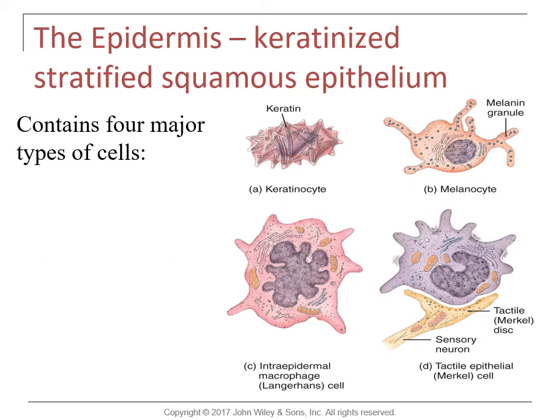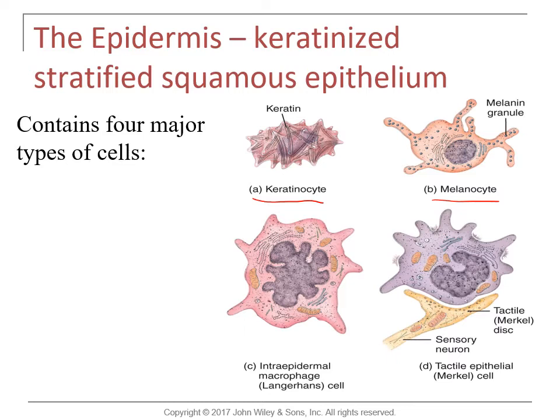So here in this figure, we can see the four major types of cells of the epidermis. Like we said, these are the keratinocytes. They produce keratin, and 90% of the cells in the epidermis are keratinocytes. The 8% is made up of melanocytes, and their job is to produce melanin.